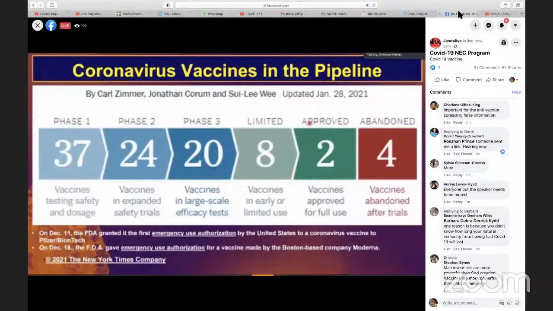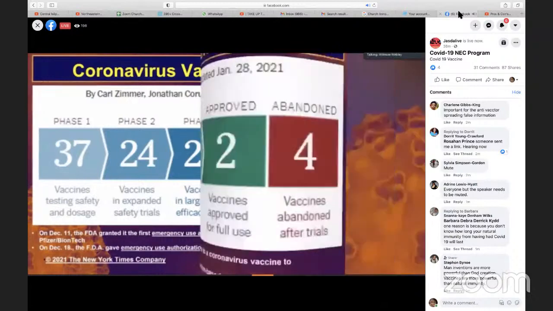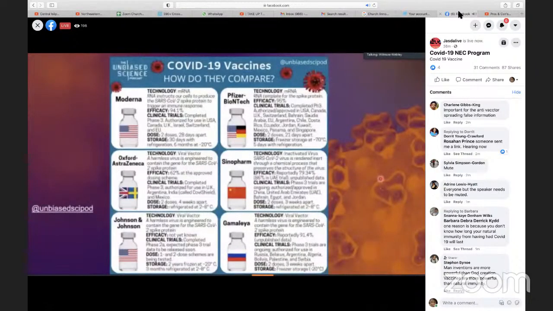So we have 2 vaccines approved here in the United States, another 8 vaccines that have approval in different parts of the world, including the AstraZeneca vaccine that has approval in the UK. And there are 4 vaccines that have been abandoned for various reasons at this stage. And abandoning a vaccine, especially after you've gone through phase 1, 2, or even phase 3 trials, costs lots and lots of money.